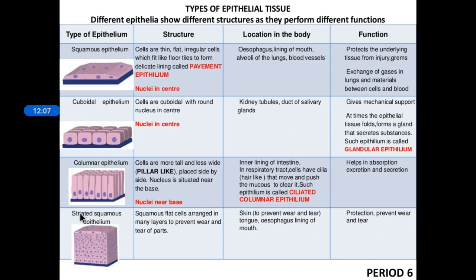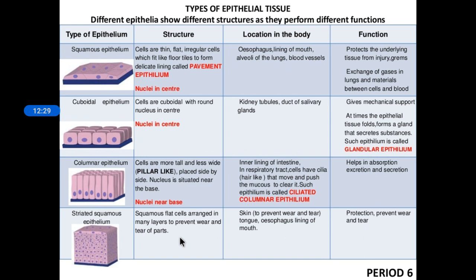And here you can see the stratified squamous epithelium. It is actually the stratified squamous epithelium. Squamous flat cells are arranged in many layers to prevent wear and tear. We already know stratified means many layers of cells are present.